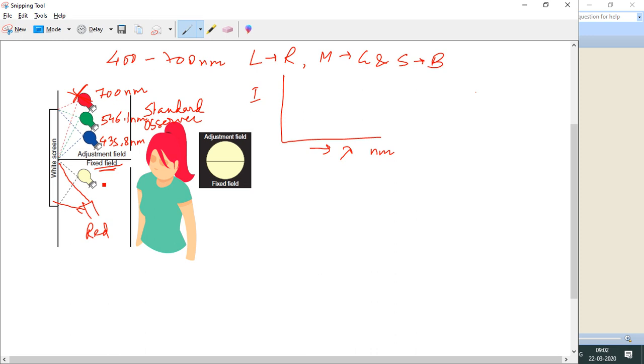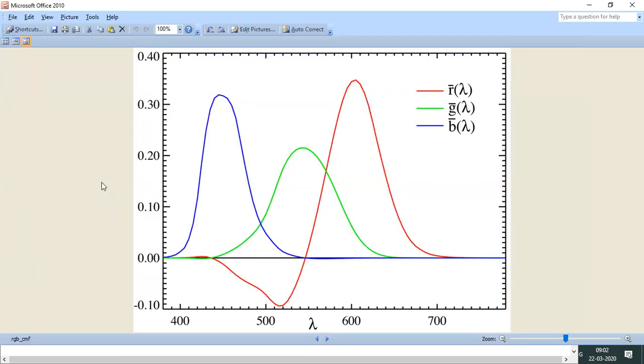Now obviously, as you can see, red light has got negative lobes. It's difficult to design imaging systems having more than 3-4 channels. It's computationally costly as well as complicated to design.